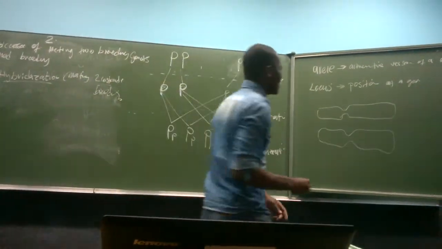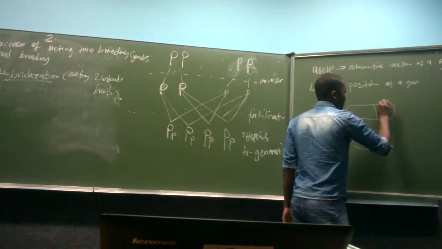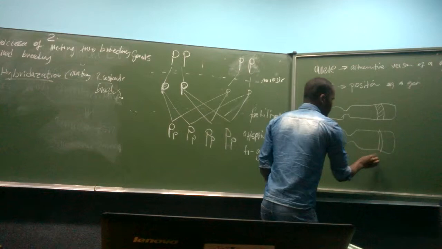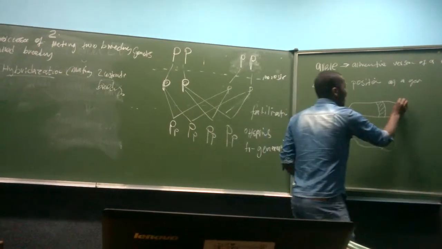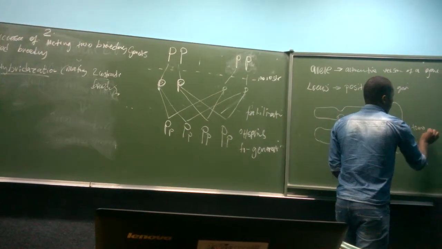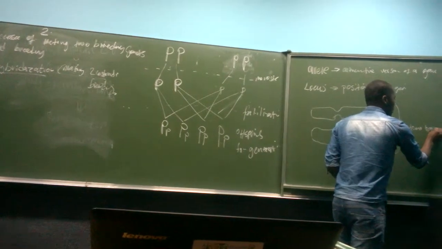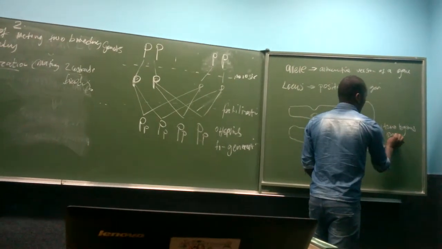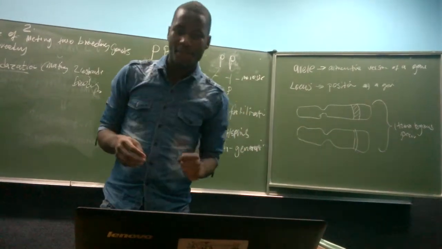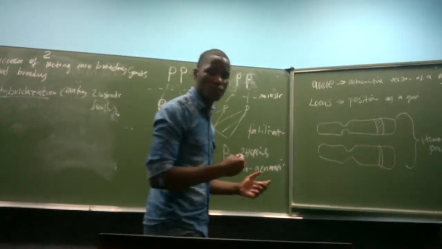This is the position of a gene. This is called a homologous pair of chromosomes.